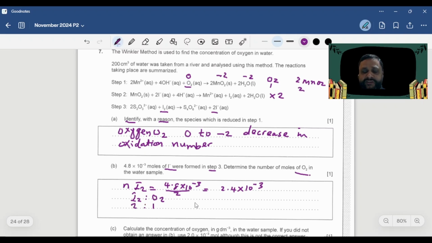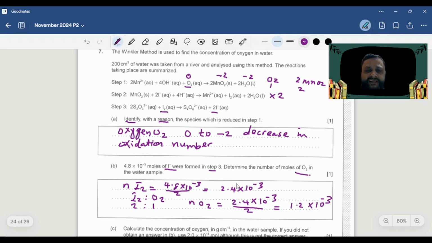So the moles of O2 will be equal to 2.4 times 10 to the power minus 3 divided by 2. So we'll have moles of oxygen 1.2 times 10 to the power minus 3 moles of oxygen.